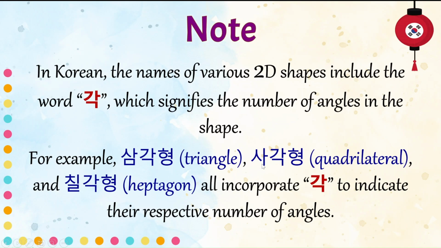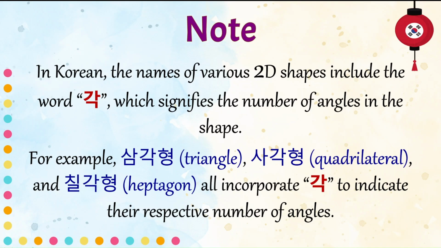So quadrilateral is a shape with four angles. Heptagon, 칠각형. 칠 means seven and 각, we all know, is angle. So heptagon has seven angles. These words all incorporate 각 to indicate their respective number of angles. So now you know the importance of 각 in the name of different 2D shapes in Korean language.